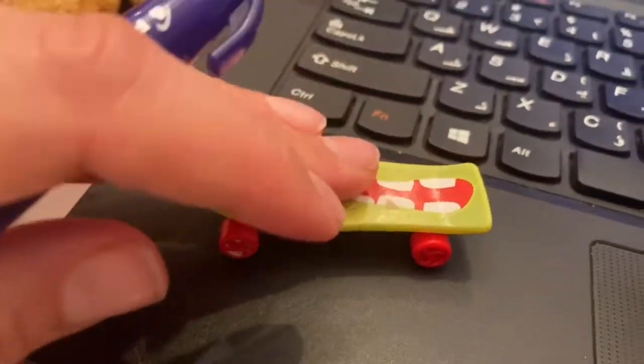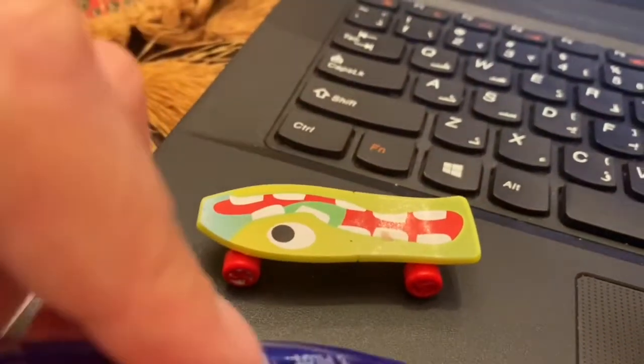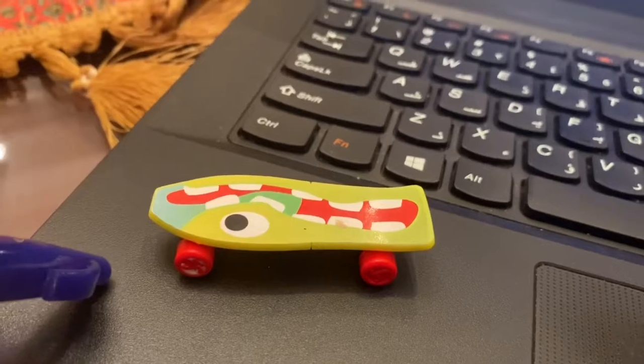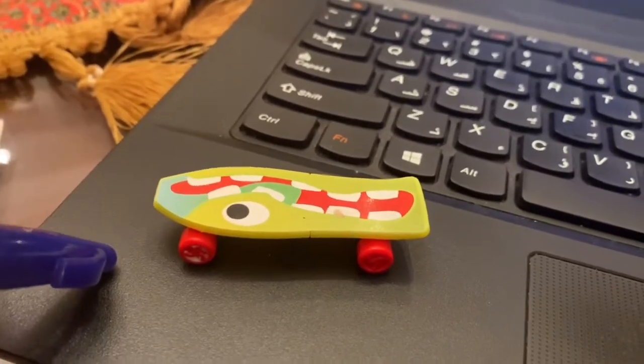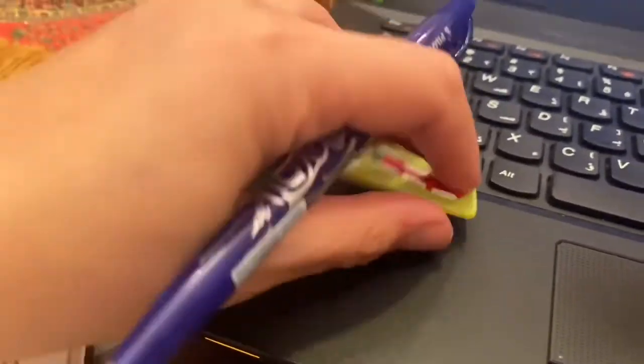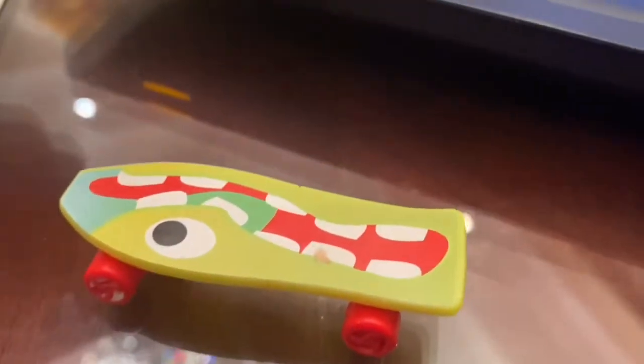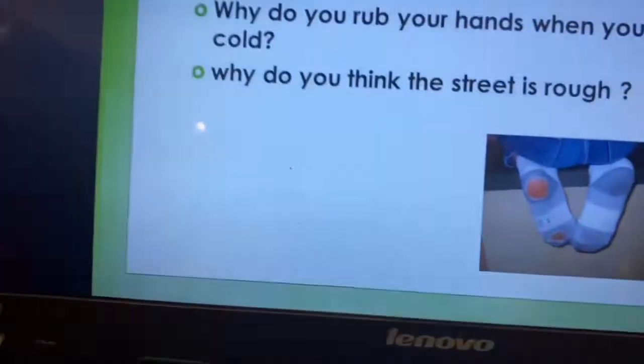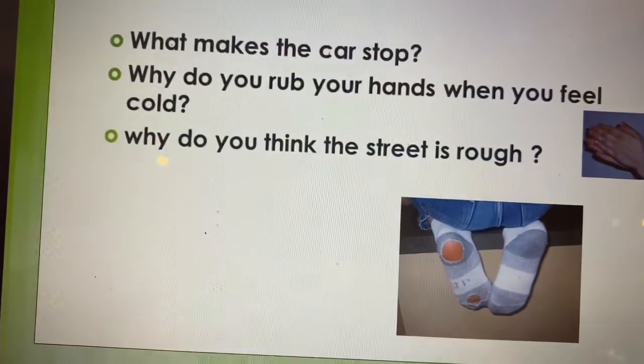For sure, to let the cars stop when they want to stop. Otherwise, if it's very smooth, like this surface, all the cars will make accidents, because the surface will not make them stop. There should be a force of friction.